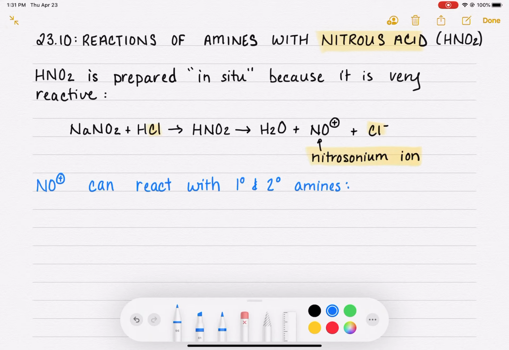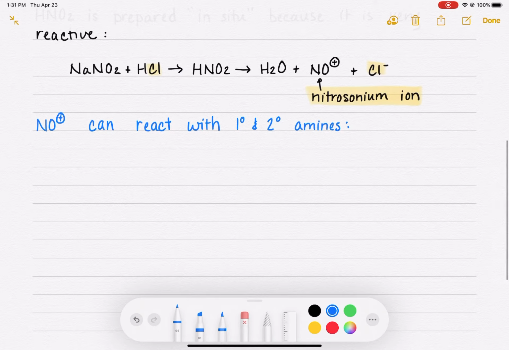So first we're going to look at the reaction with the secondary amines. We're going to start with nitrosonium plus secondary amine. And this isn't a very useful reaction for us.